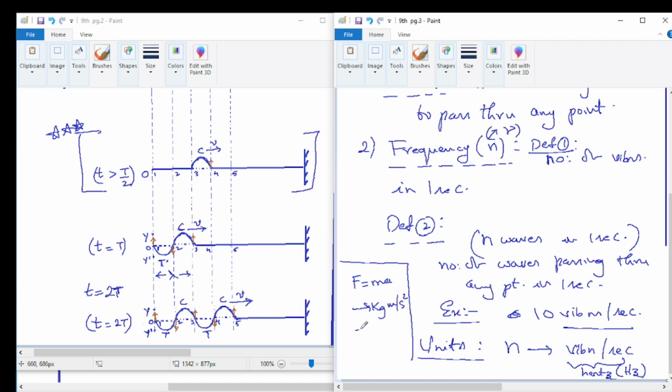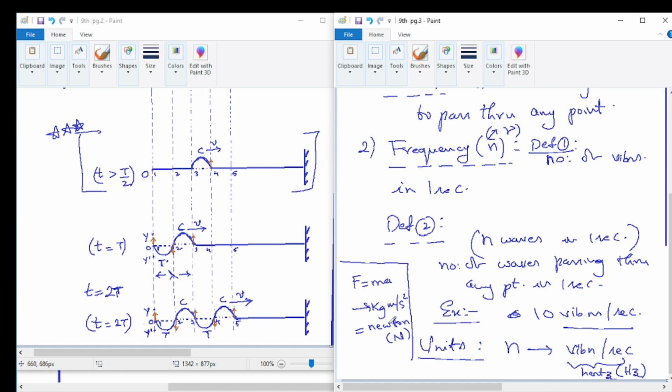In shortcut, this is called Newton, named after the scientist Newton, who gave Newton's second law. This is said to be the most powerful law in the universe, even far superior to all the other laws, for example, conservation laws, even Einstein's principle E is equal to mc square.